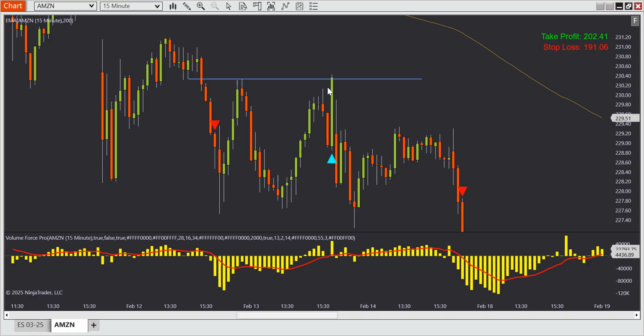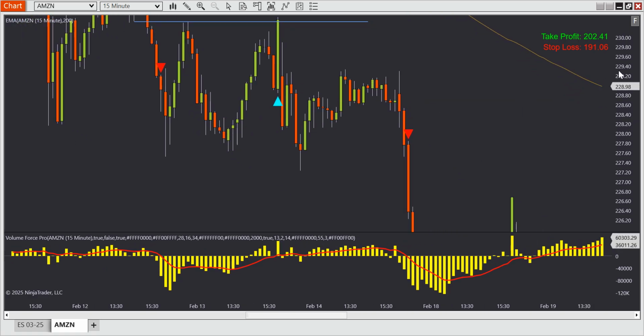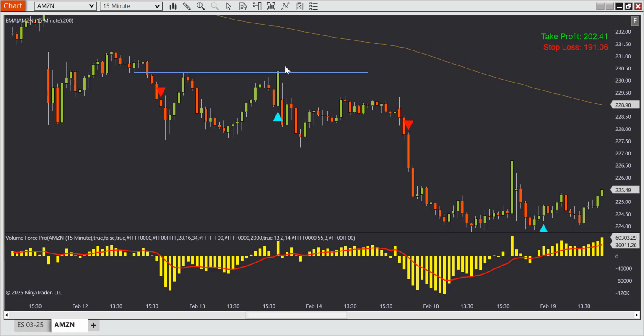Barely touches here, but of course here with this move up and then the gap down, it hits it, all while being in the premium side of the range. And clearly we can see it quickly moves away, does not hang in this supply zone long at all, moves down.